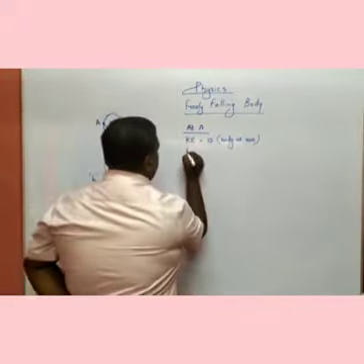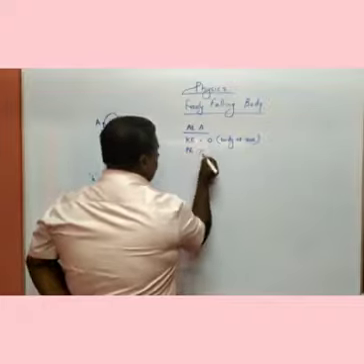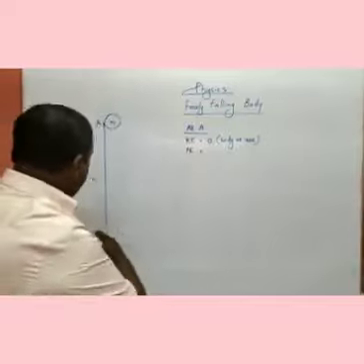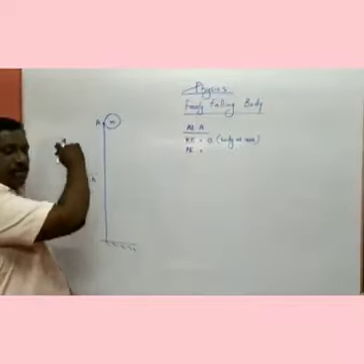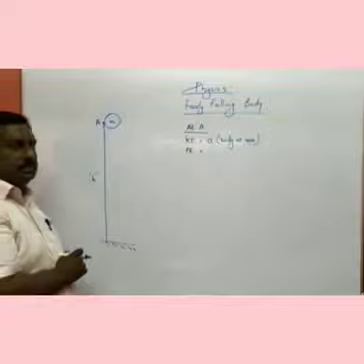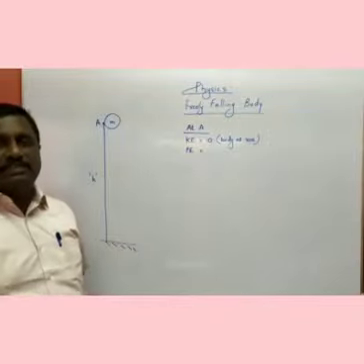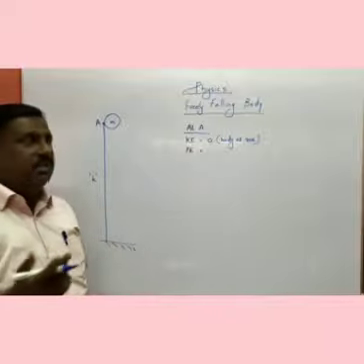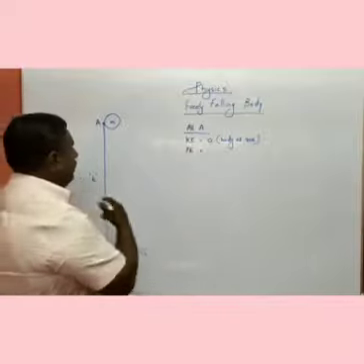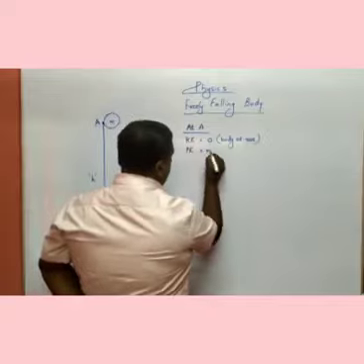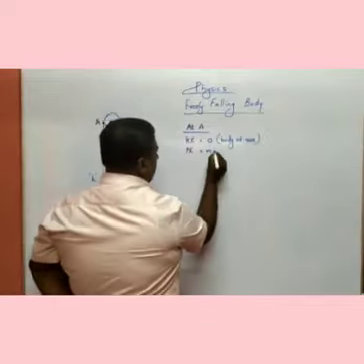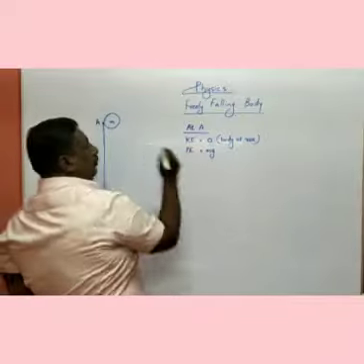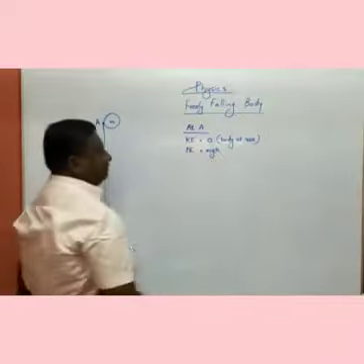Then the potential energy. The body is placed at a height h meter from the ground level, so definitely it possesses potential energy. To calculate the potential energy, we know the equation mgh. Here the mass of the body is m, acceleration due to gravity is g, and the height from the ground level is h, that is mgh.